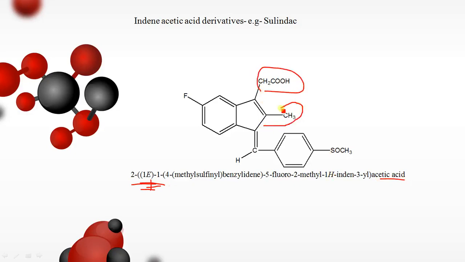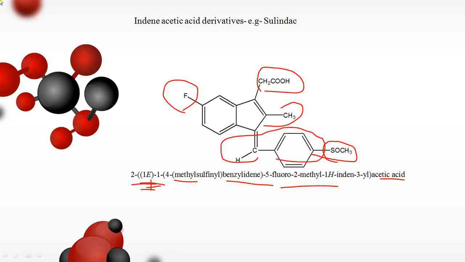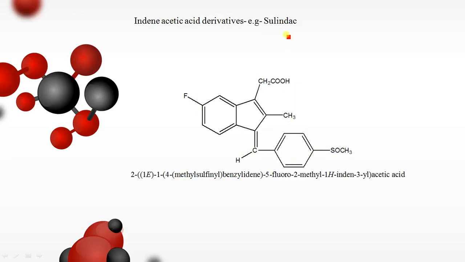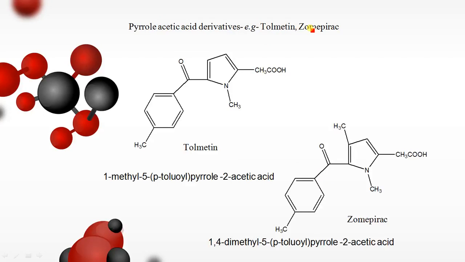That is 5-fluoro-2-methyl-1H-indene, and this is methylsulfinyl at the fourth position. This is benzylidene. This is the IUPAC of sulindac, an example under indene acetic acid derivative.